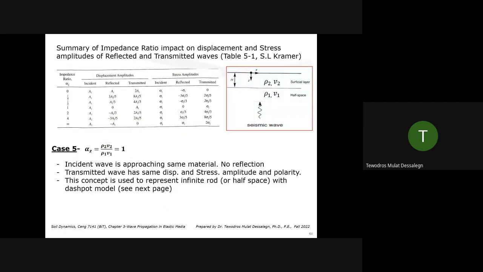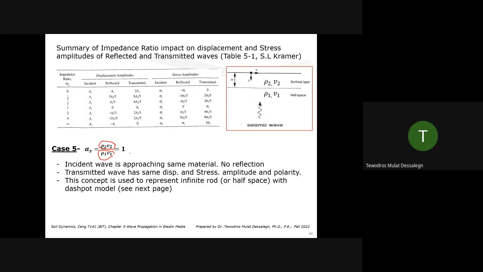This must be the last case, a case where the impedance ratio is 1. An impedance ratio of 1 means density times V2 is the same as density times V1, which means really the incident wave is approaching the same material.